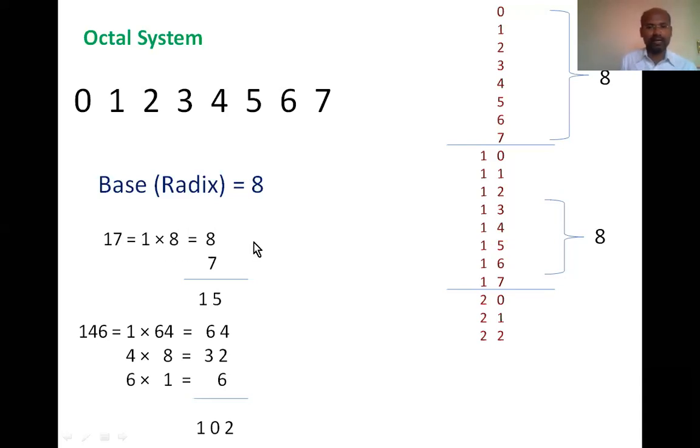You are counting apples and you have counted that the result is 17, right? Now convert that 17 into decimal system. Are you following?